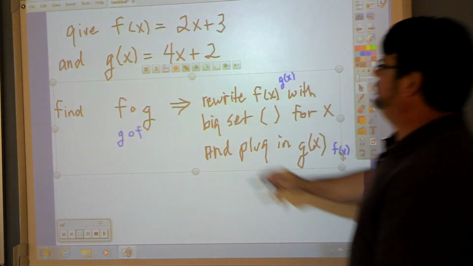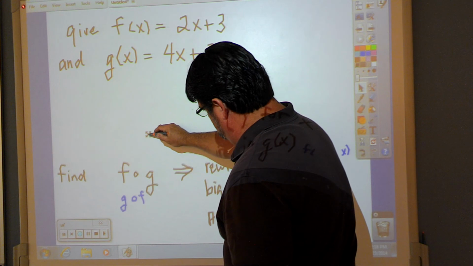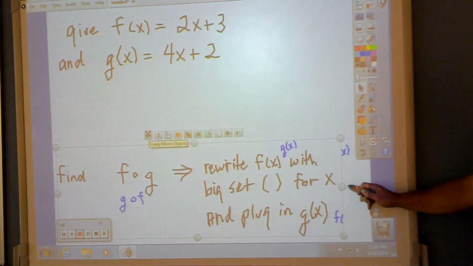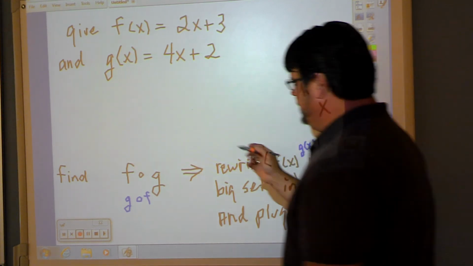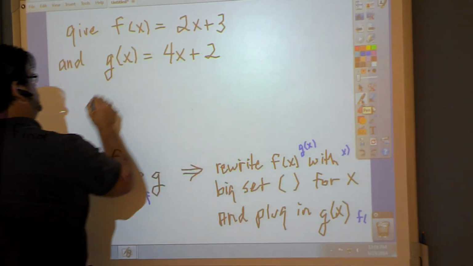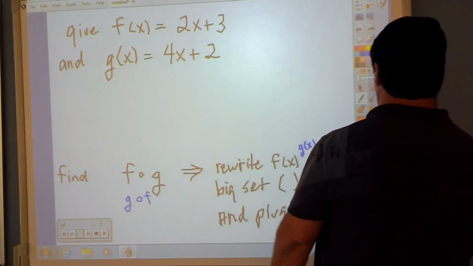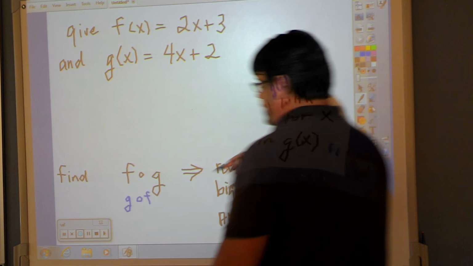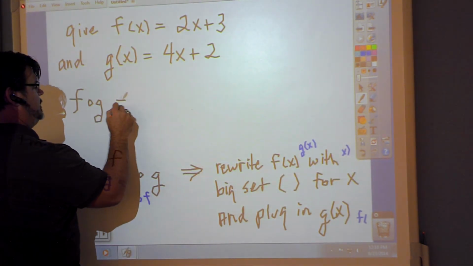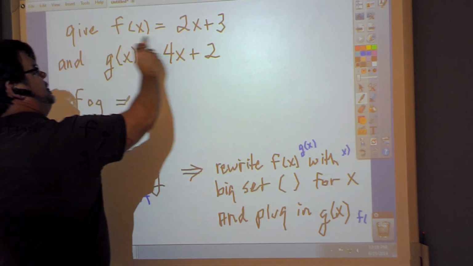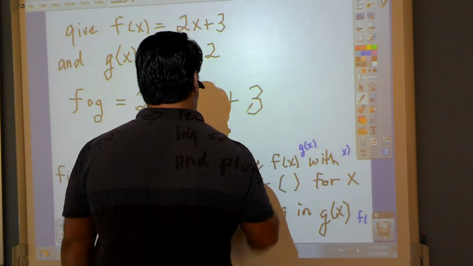So, if you do it like f composed of g or g composed of f, do you get the same thing? No, they do not. Okay, here we go. So, f composed of g. I'm in a hurry, that's why I can't do anything right. All right, f composed of g. I'm going to rewrite f with a big set of parentheses plus 3.